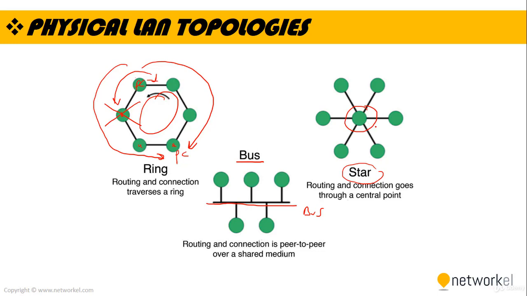Every workstation is indirectly connected to every other through the central computer. Here, for example, if PC1 wants to communicate with PC2, it should send the packet to this one, and this one should forward the packet to PC2. That seems good, but if there's a problem on the central device, all the devices will fail, as you can see.